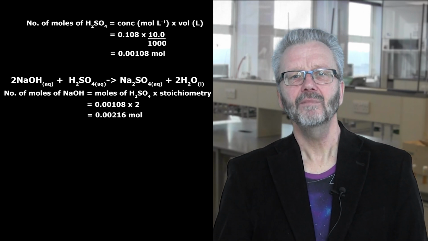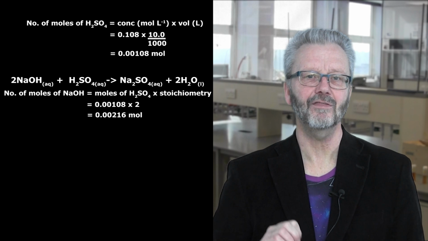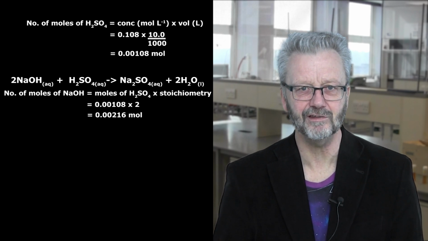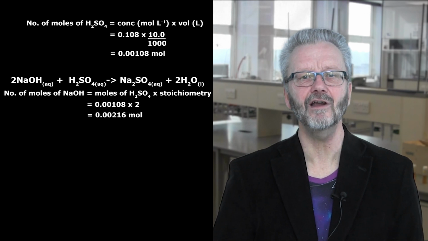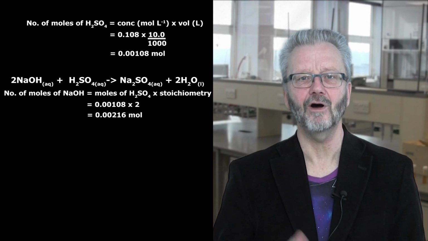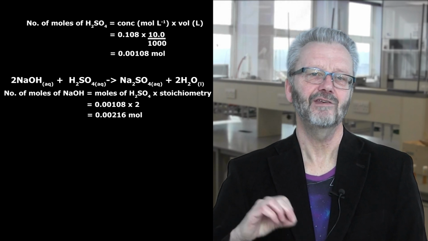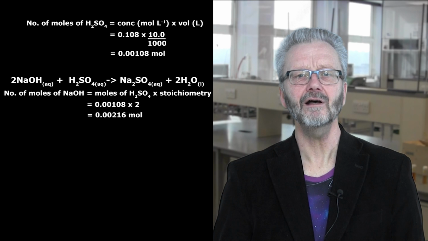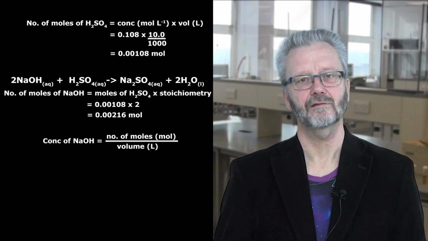This result means that we now have both of the necessary values to calculate the concentration of the sodium hydroxide. We have just calculated the number of moles used in the titration, and we have the volume of the solution that provided those moles. To get a concentration in moles per litre, we need to divide the number of moles by the volume in litres.